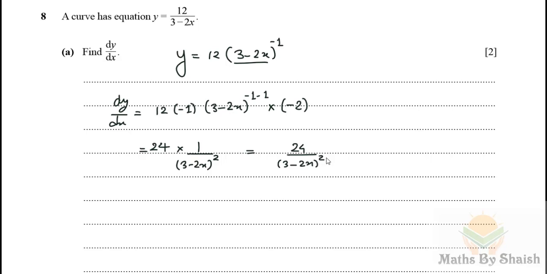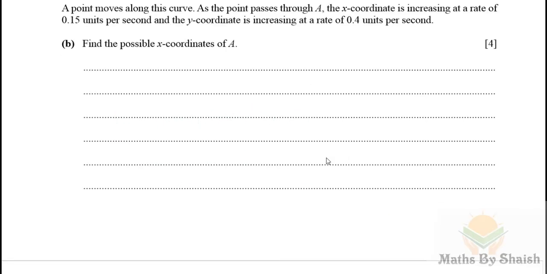Let's do the B part now. Now here's for B part. A point moves along this curve. As the point passes through A, the x coordinate is increasing at a rate of 0.15 units per second.